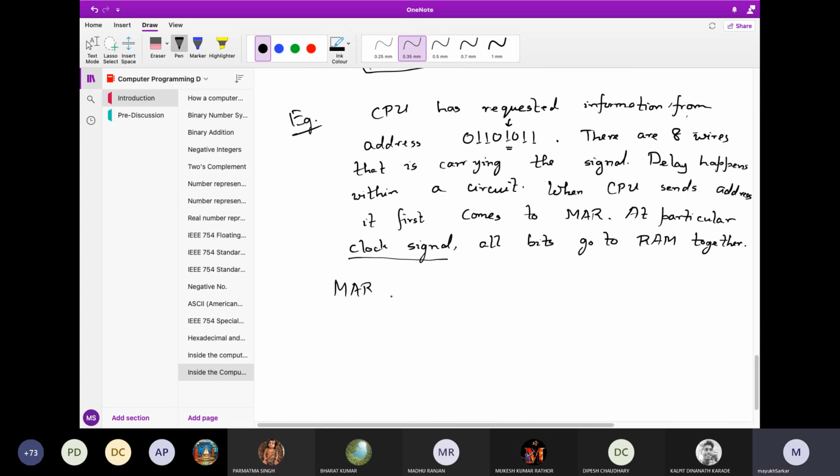That means a temporary storage for the data. This is the memory address register, and this is the memory buffer register.